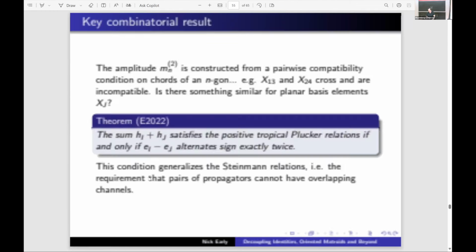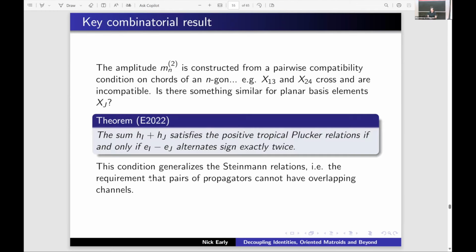Okay, now the notion of compatibility. It's very simple, actually. Remember here the notion of compatibility is just that when you write Sij and SKL, the two cannot cross in an n-gon. Well, that generalizes to the requirement that you take the sum of indicator vectors.